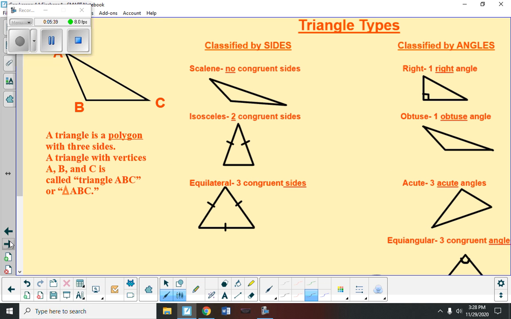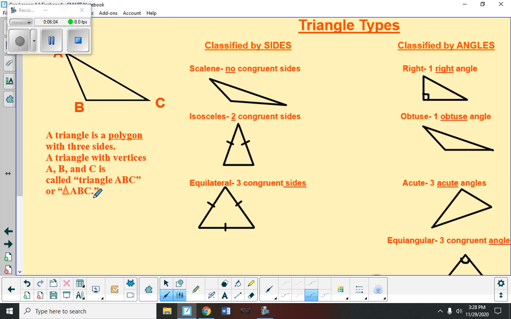Okay, so now let's talk again about the definition of a triangle. A triangle is a polygon with 3 sides. A triangle with vertices A, B, and C is called triangle ABC, or you can use the little triangle symbol and call it triangle ABC that way. That's how we name a triangle. Now we can classify a triangle by the types of sides and also by the angles in it.